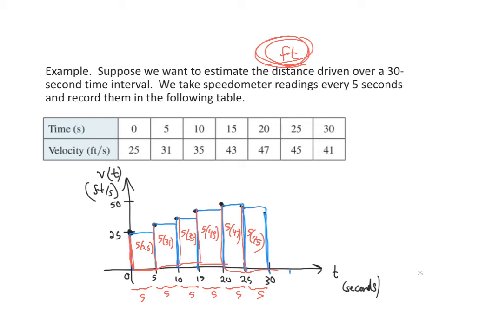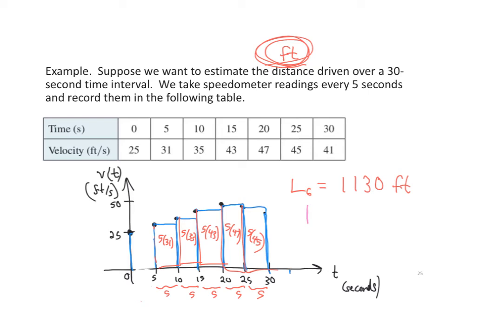Well, right now this is a left endpoint estimate. So L6 would be the total of these numbers. We get 1,130 feet, if I'm not mistaken in my calculations.